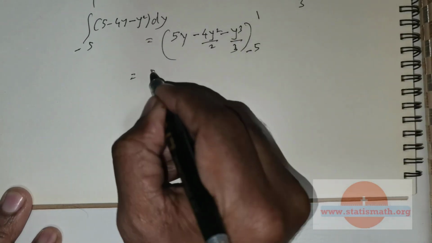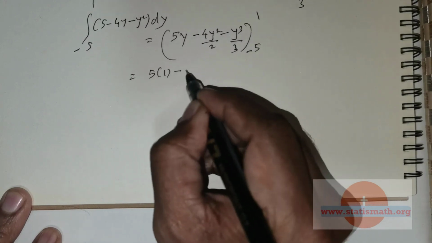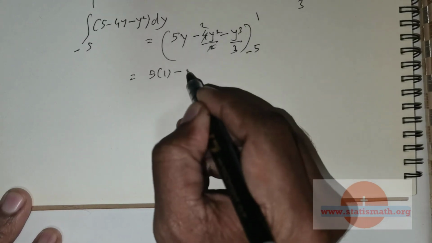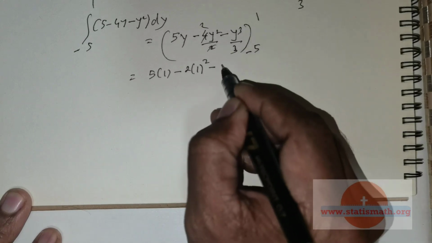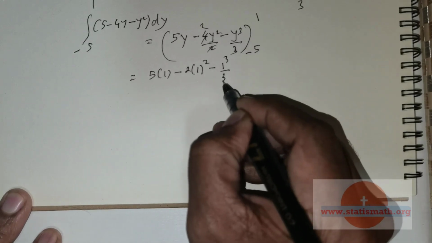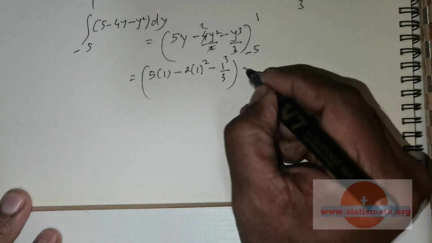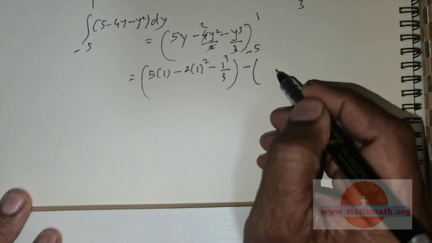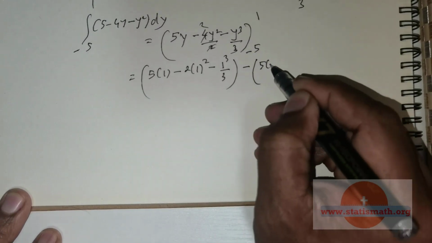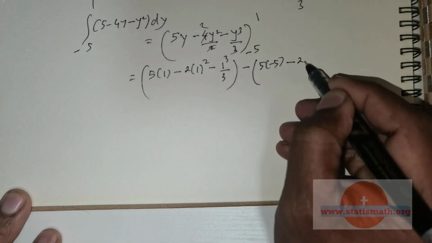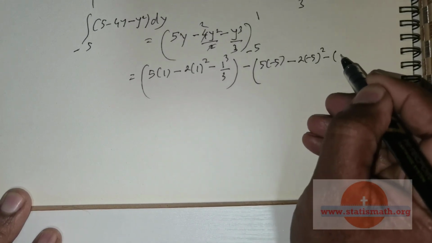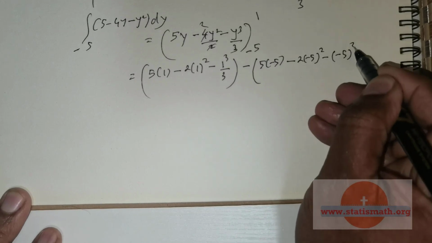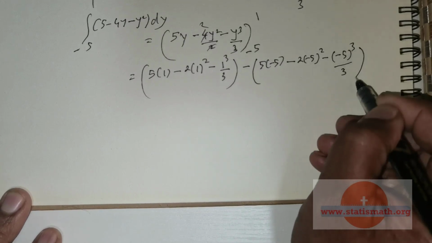So you place the upper limit: 5 times 1 is 5, 2 times 1², minus 1³ by 3. This is for the upper limit, minus the lower limit, which is going to be 5 times -5, minus 2 times (-5)², minus (-5)³ divided by 3.